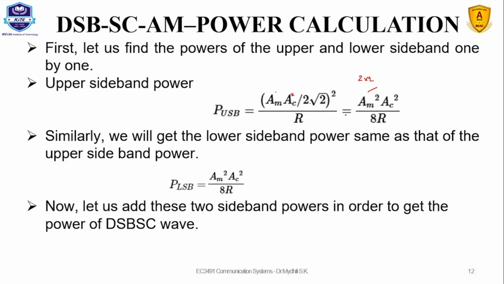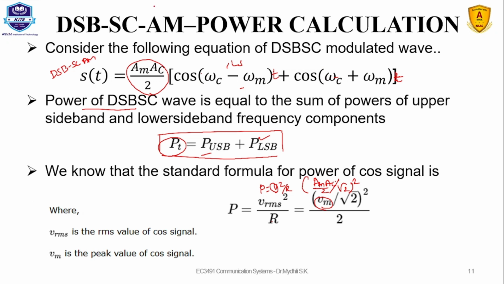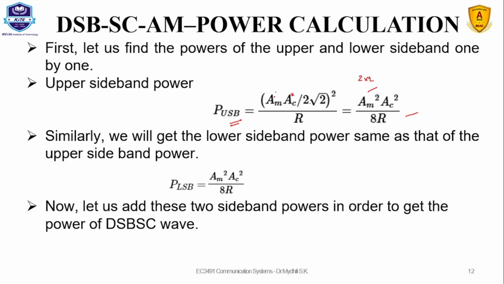So we are getting Am square Ac square by 8R for one sideband. Since we have the same term for the other also, this term is common for both the upper sideband and the lower sideband. So I am going to represent the same equation, Am square Ac square by 8R, for the lower sideband too.